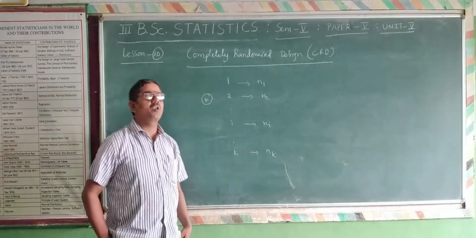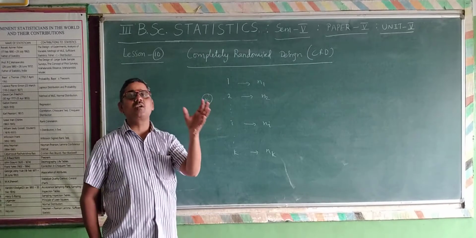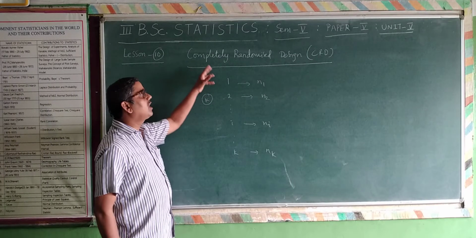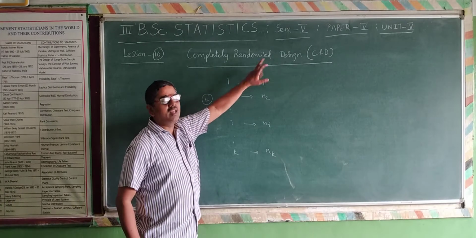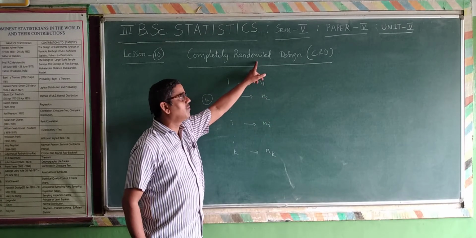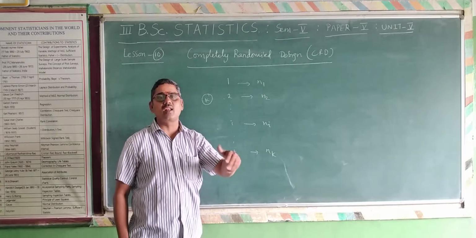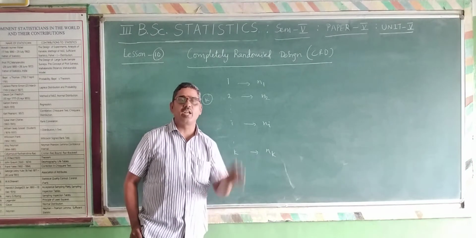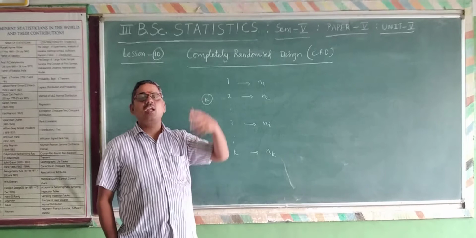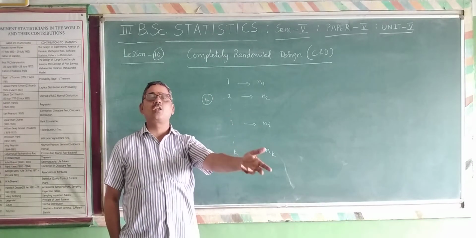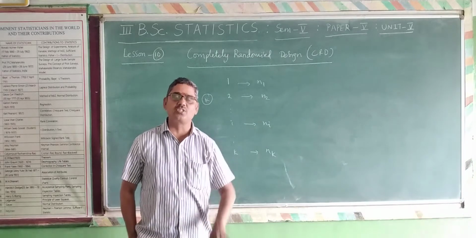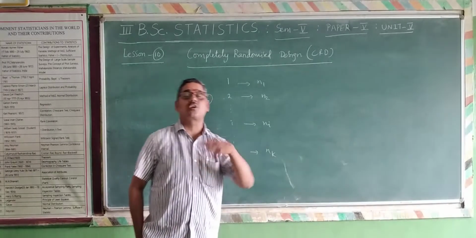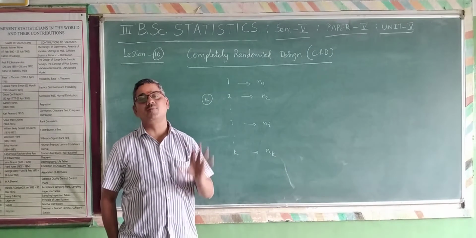Completely means we are using the entire experimental material, applying the treatments randomly to all the experimental units. The treatments are randomly allocated to all the experimental units. Hence the design is called completely randomized design, in simple fashion.